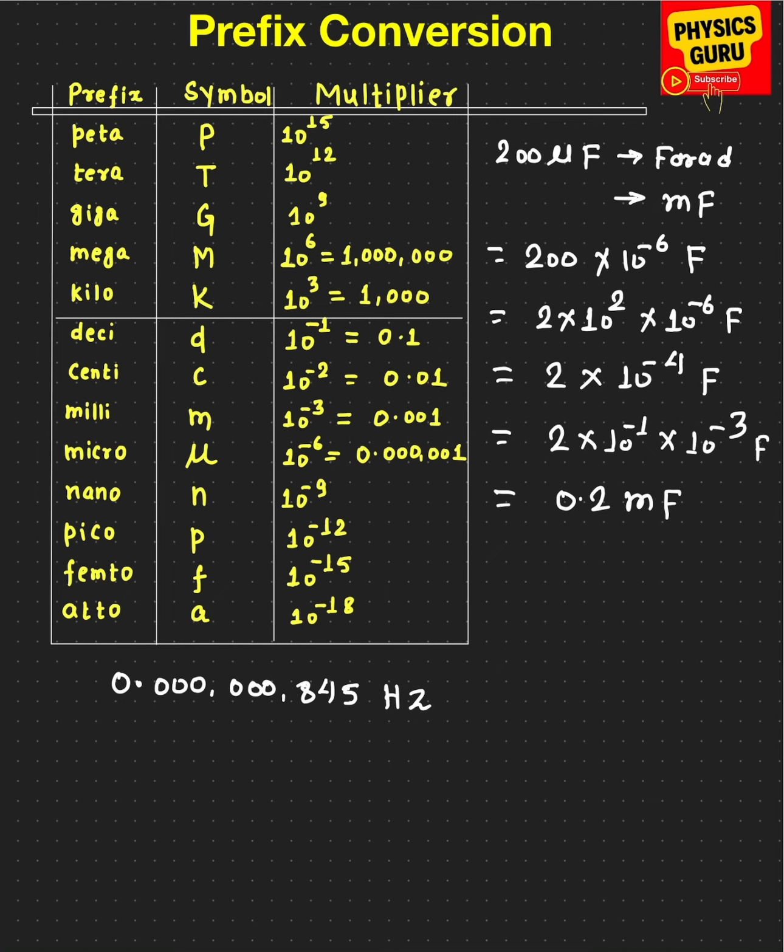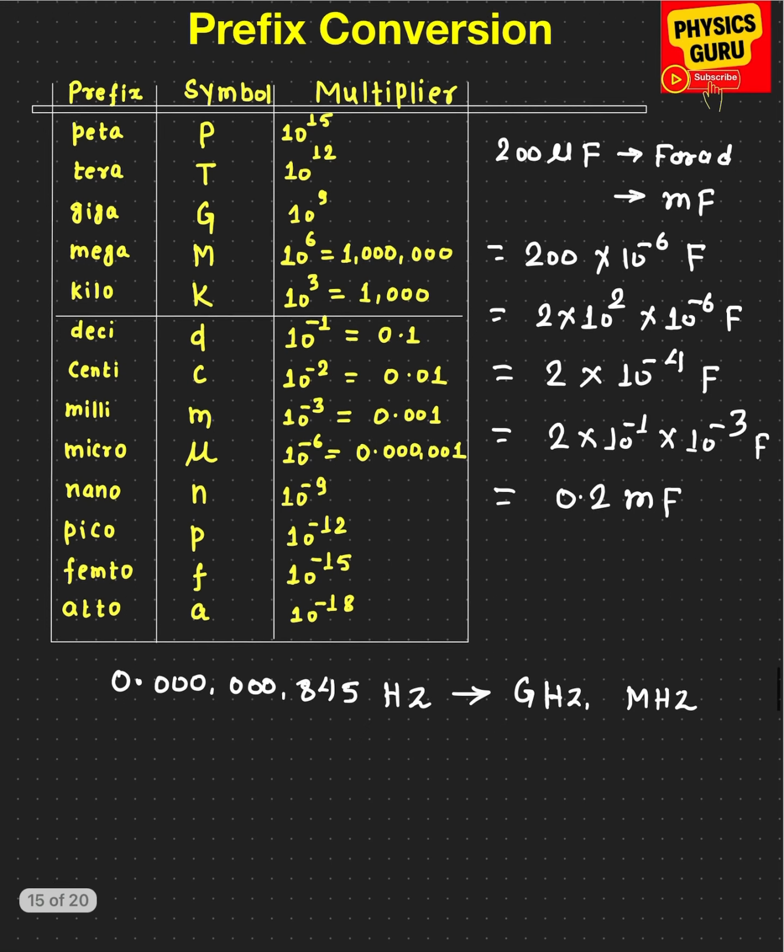And I would like you to convert, first write down in terms of the scientific notation, and then you have to convert into gigahertz and megahertz. Okay. Pause the video and try to solve by yourself. Now let's do it together here.